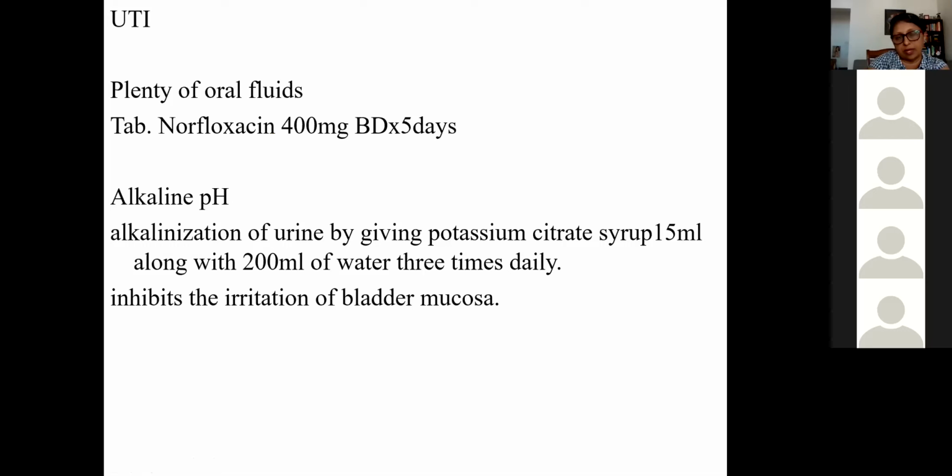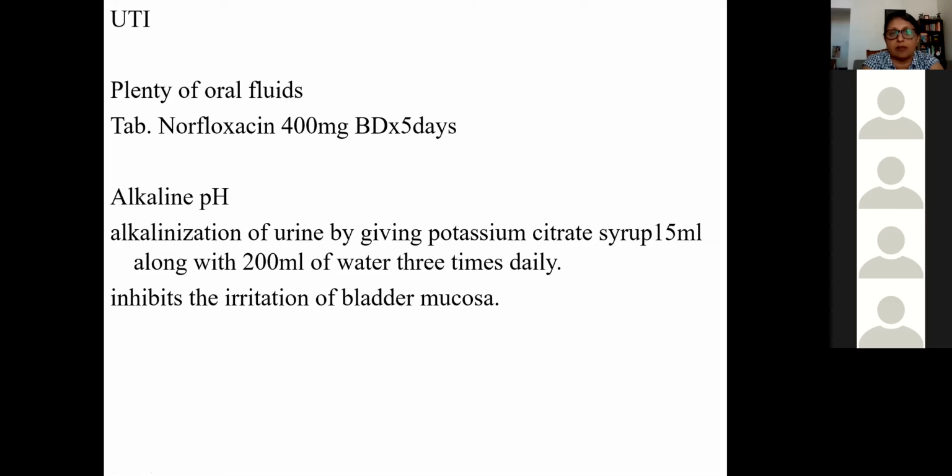So whenever a patient comes to you with urinary tract infection, simple treatment: plenty of oral fluids, norfloxacin, and potassium citrate. There is a syrup called Citralka. It has to be 1 teaspoon mixed with 100 or 200 ml of water, given 3 times daily for 5 days.